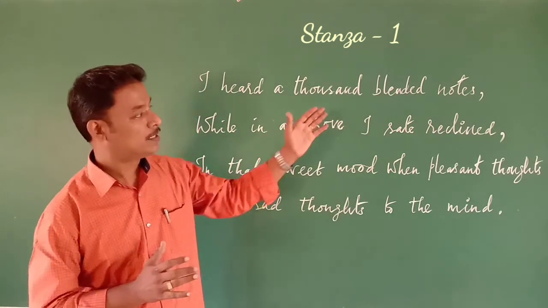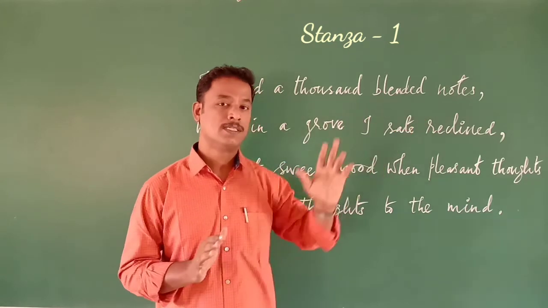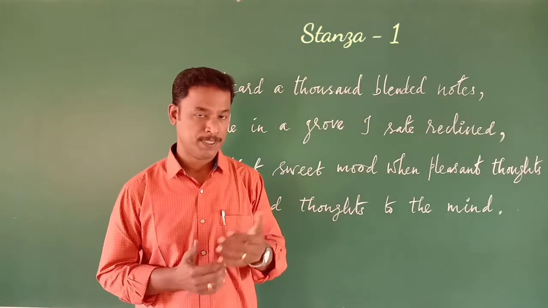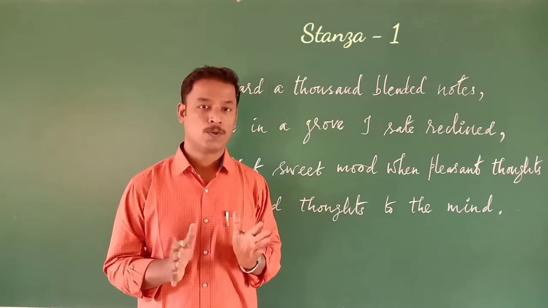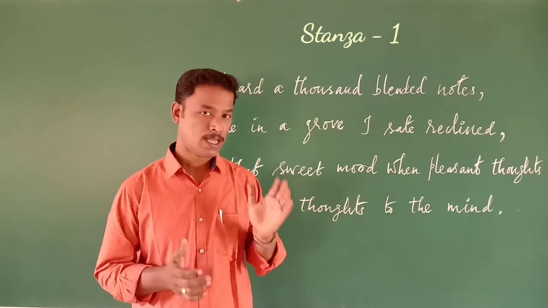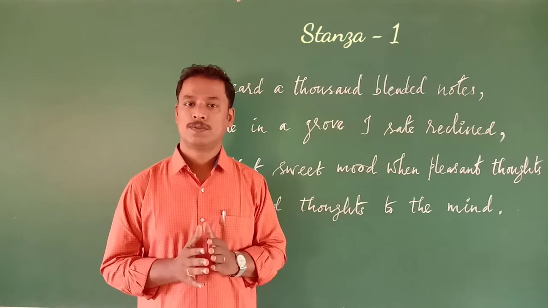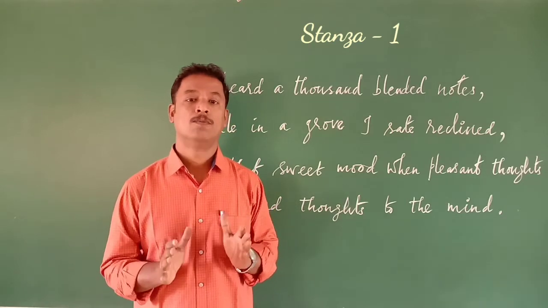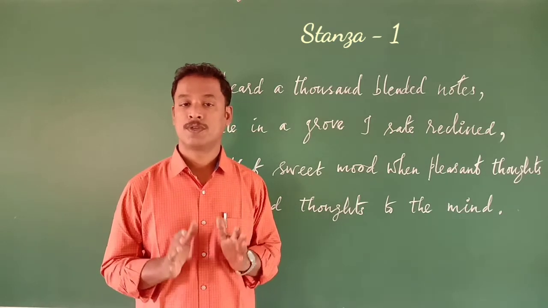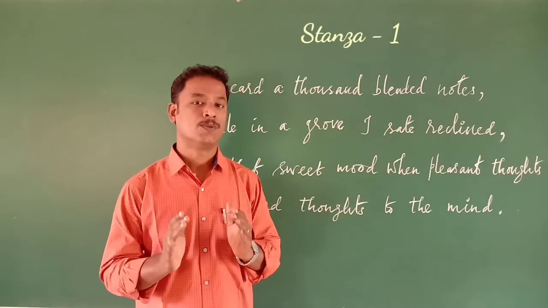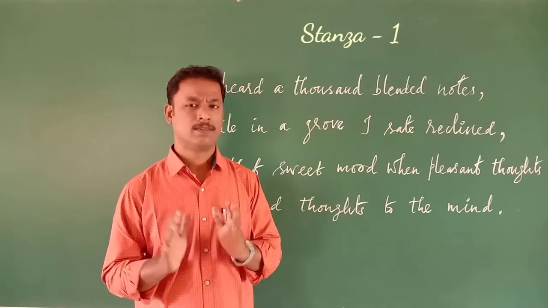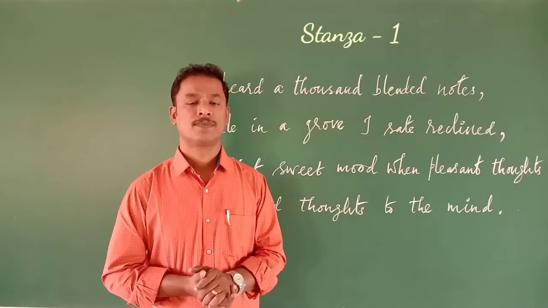Thousand blended notes is a phrase which means a thousand mixed musical notes of nature, and it also implies an almost pervasive presence of the natural, something that is akin to the omnipotence shown by God.